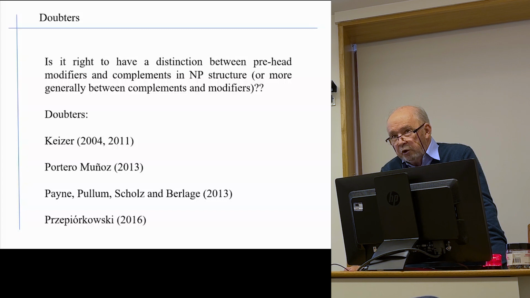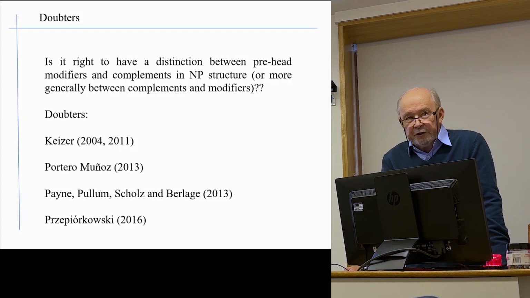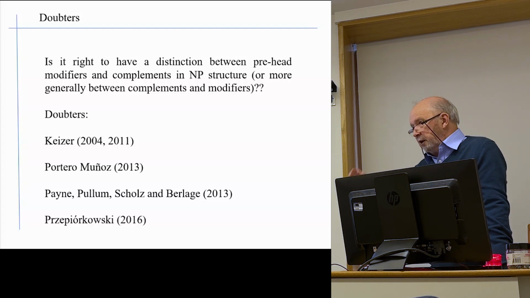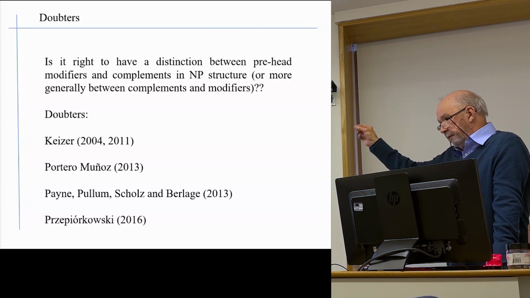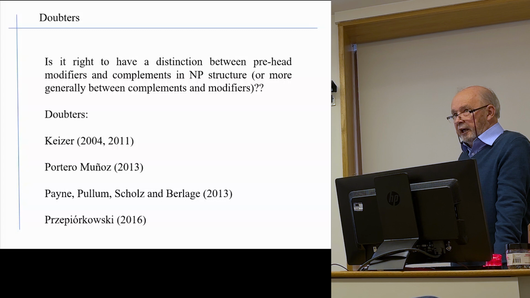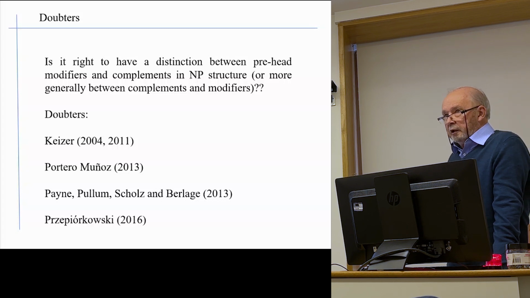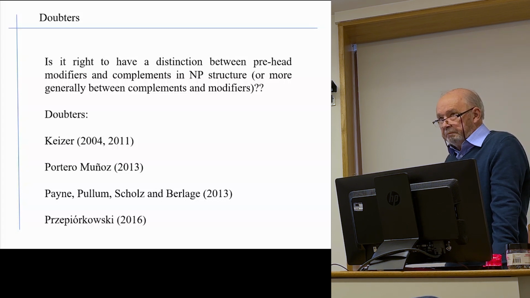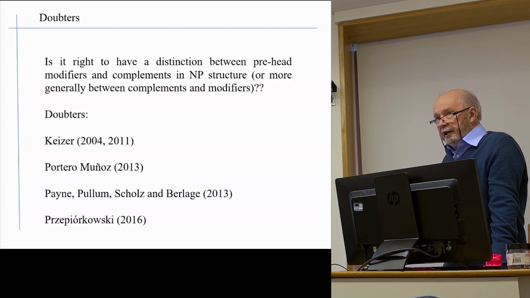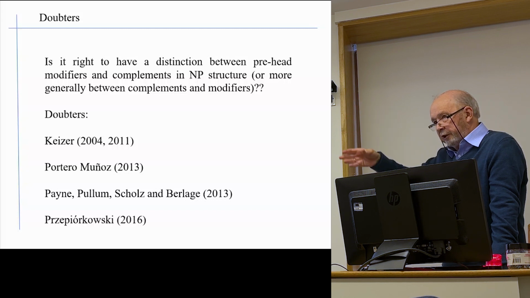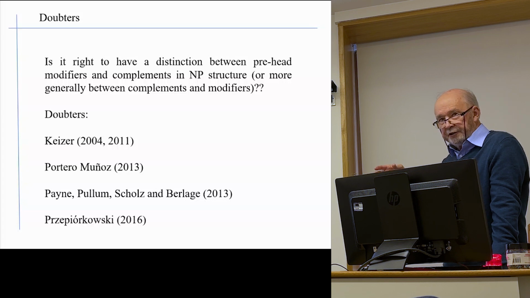This is based on a corpus study, essentially, where she looks at the strength of collocations between the pre-head noun and the head noun, and she basically says that if you have a strong collocation, you might expect the strongest collocations to be with complements rather than the adjuncts.